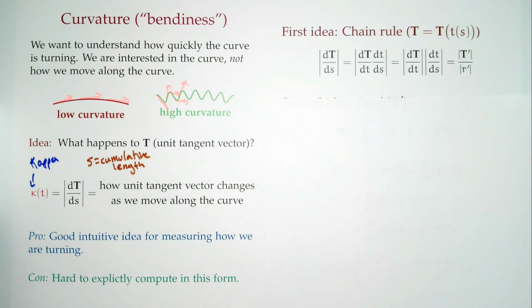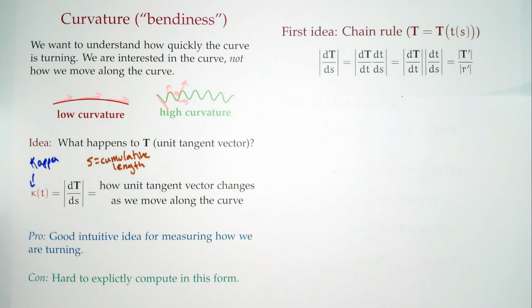First idea is the chain rule. I can think of our unit tangent vector as a function of time. Then I can think of time as being a function of this cumulative length, this s.